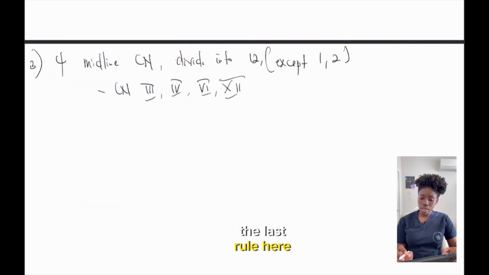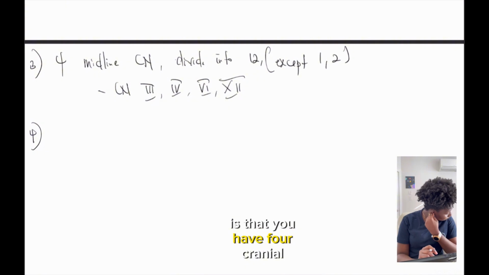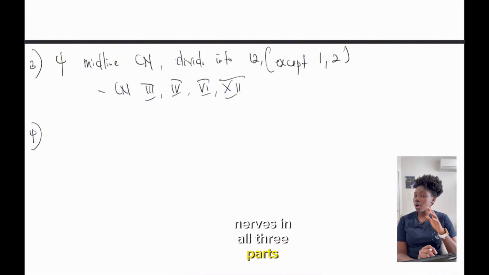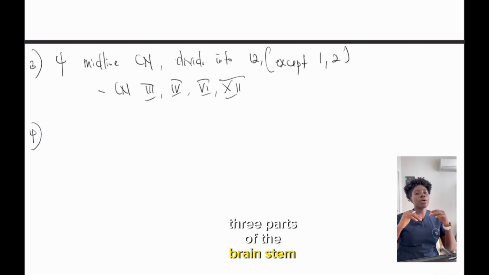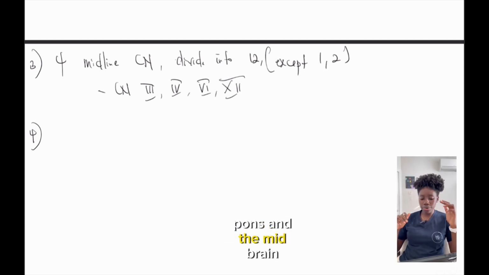The last rule here, rule number 4. So rule number 4 is that there are 4 cranial nerves in all 3 parts of the brainstem. So remember that we said that the 3 parts of the brainstem are the medulla, pons, and the midbrain.